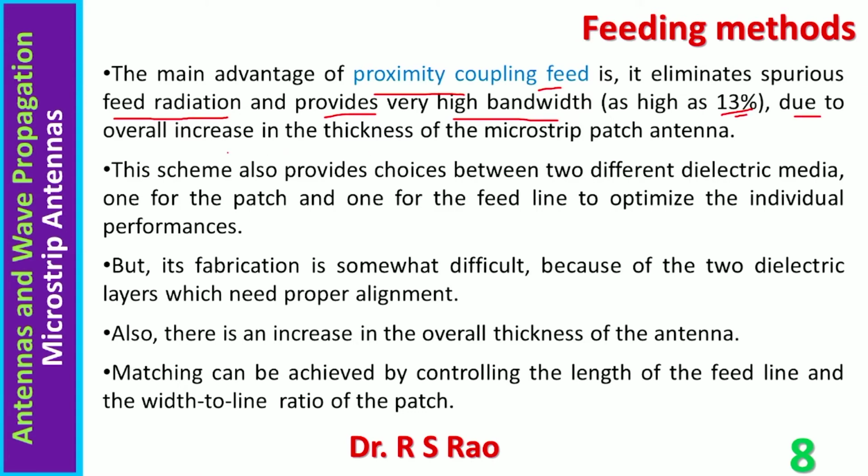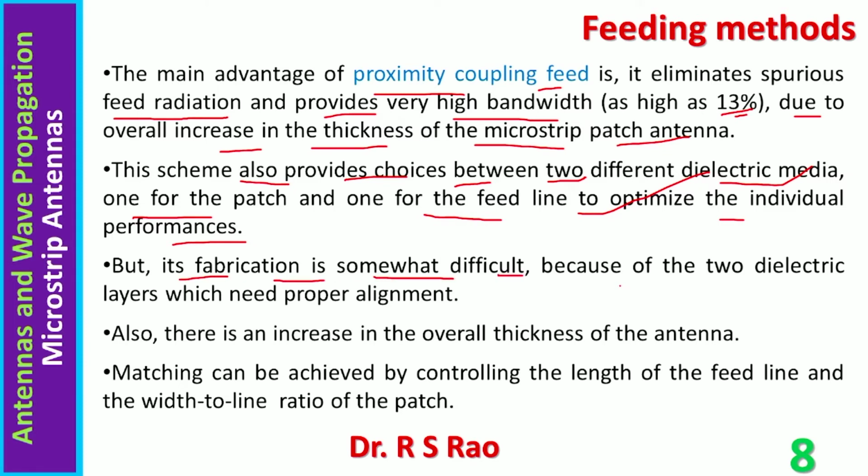It is due to overall increase in the thickness of the microstrip patch antenna. This scheme also provides choices between two different dielectric media, one for the patch and one for the feed line to optimize the individual performances. But its fabrication is somewhat difficult because of the two dielectric layers which need proper alignment.